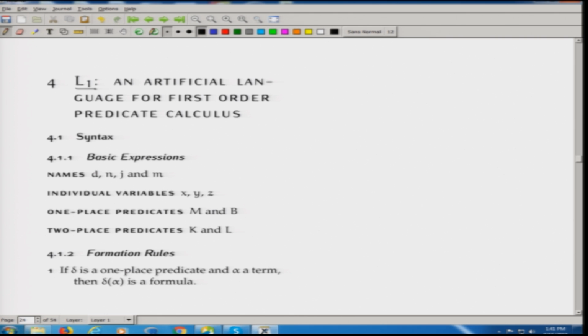As usual, we have the syntactic rules first. Like the old artificial language, you remember we did L0, that was our first artificial model.